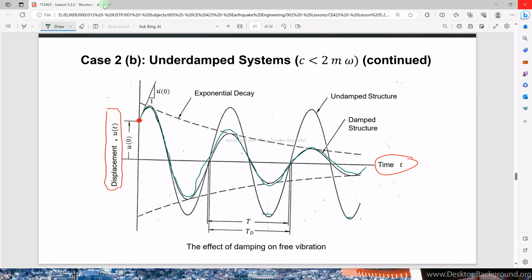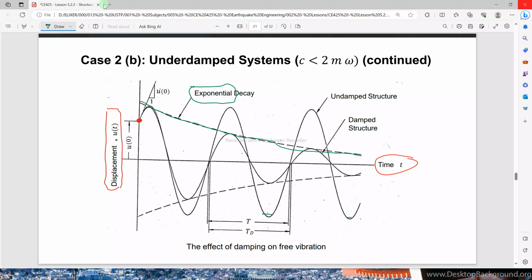It gets smaller and smaller until it eventually comes to a stop. Now, its decay, the decay of its amplitude, you can see that it is exponential.